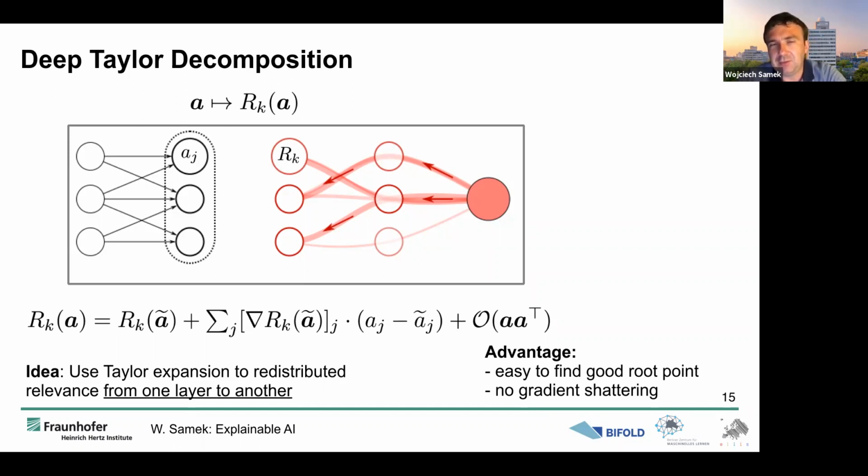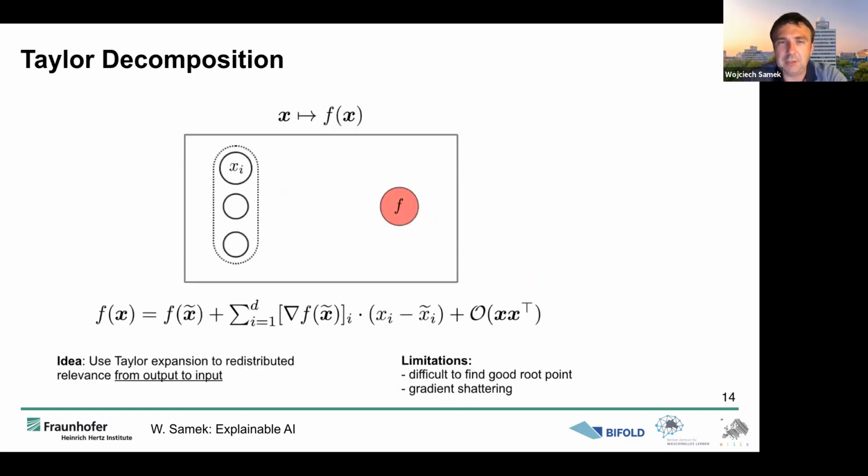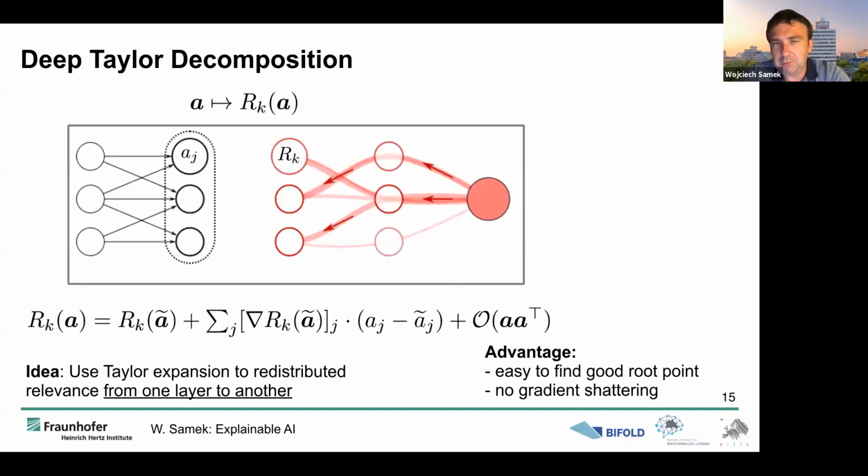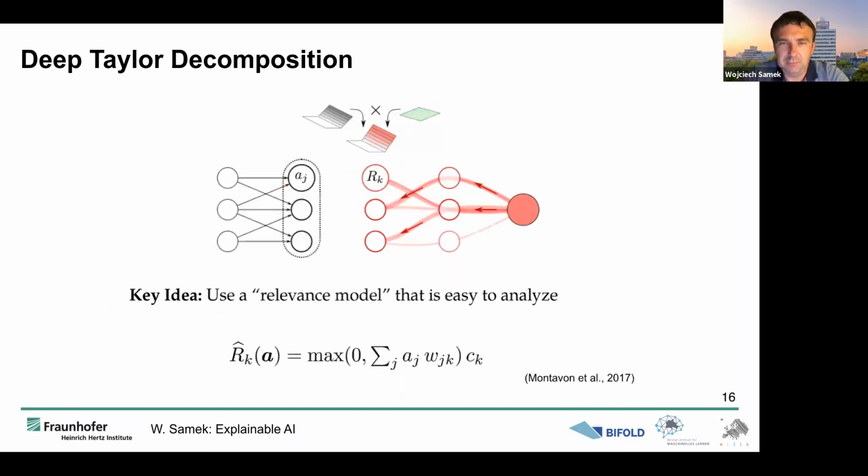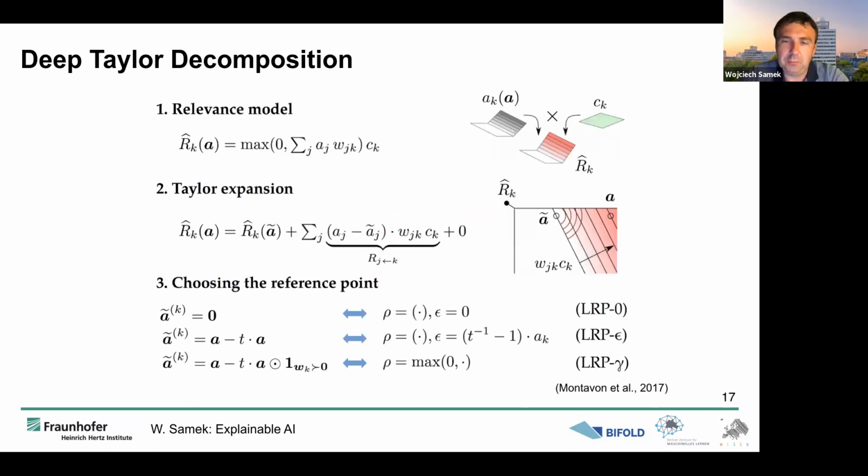And the key advantage is that one can show that explaining this relevance function is very easy, which means it's very easy to find a root point, and you don't have the gradient shattering problem, because you are not explaining everything in one shot, but you are explaining a much simpler function. You can prove that this relevance function is just a scaled ReLU. Therefore, it's very easy to analyze, and very easy to find a root point for this function. And this is what we did.